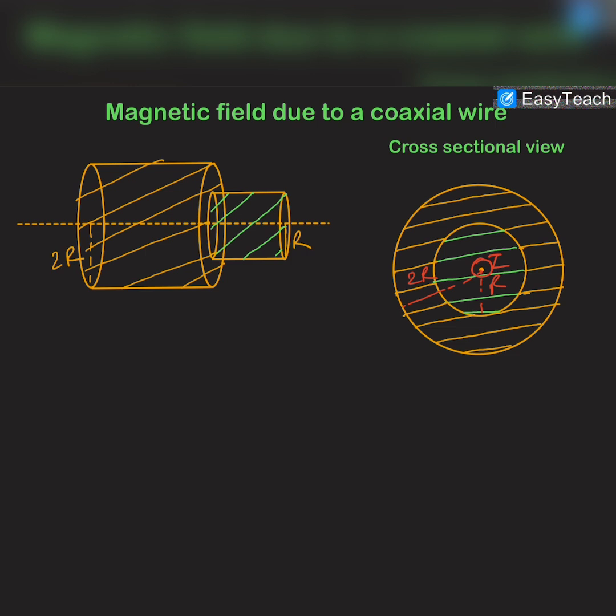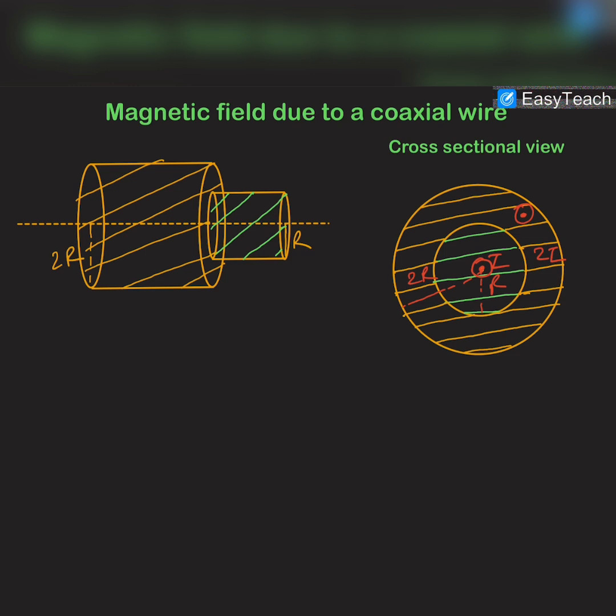The other region is carrying a current of 2I, also coming in the outward direction. You can assume the current is going inside or outside, anything. We have assumed that both currents are coming out of the plane, the current in the shaded region is 2I and the current in the inner region is I.